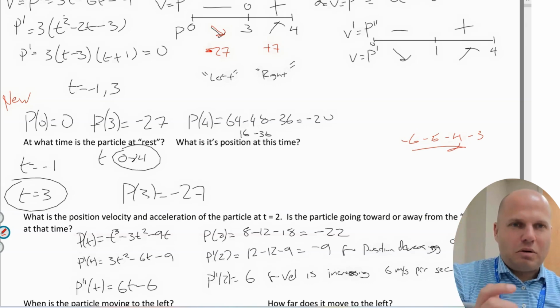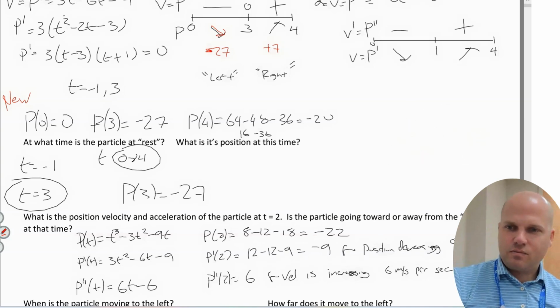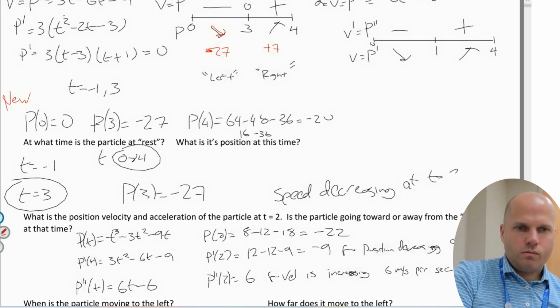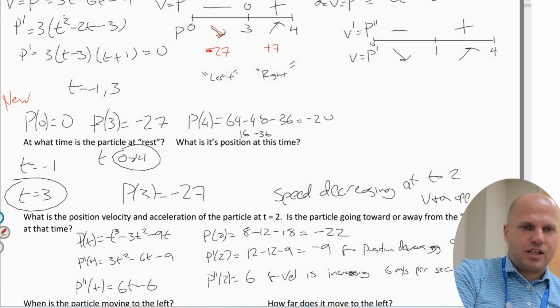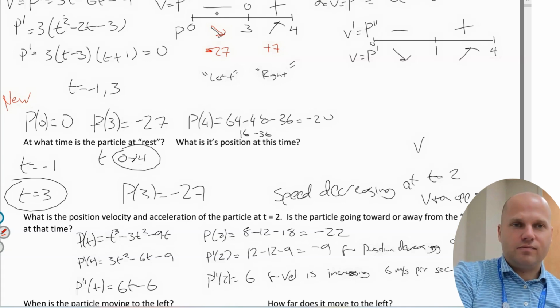At 2, my speed is decreasing because my velocity and acceleration have opposite signs. My velocity values are getting closer to zero. My velocity values are negative and increasing.